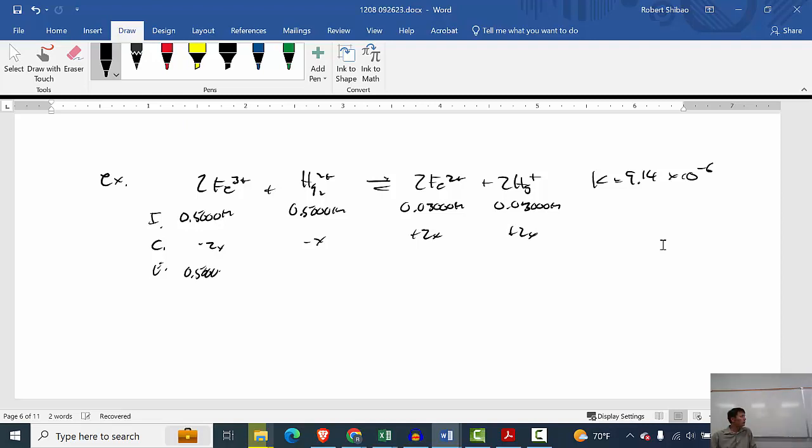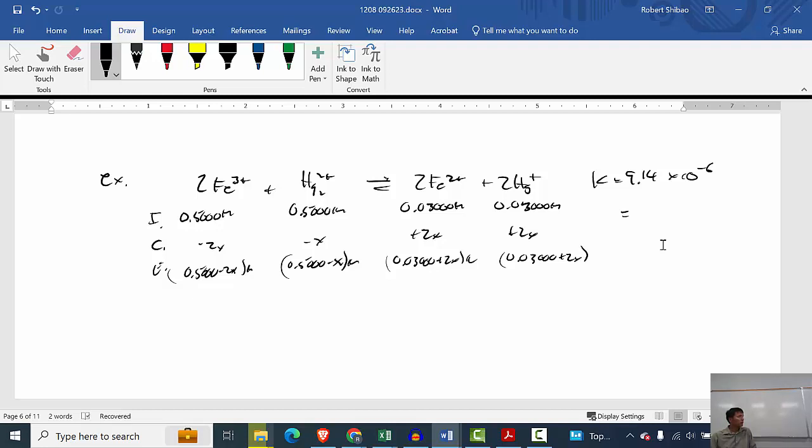And so we were left with 0.5 thousand minus 2x molar, 0.5 thousand minus x, 0.03 thousand plus 2x, 0.03 thousand plus 2x.